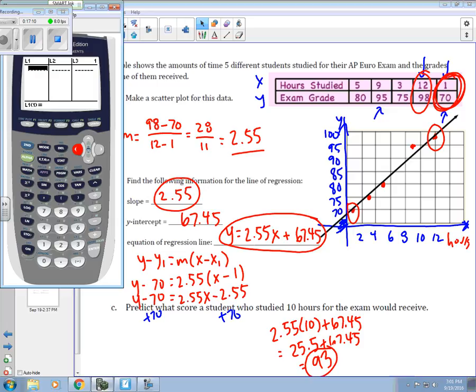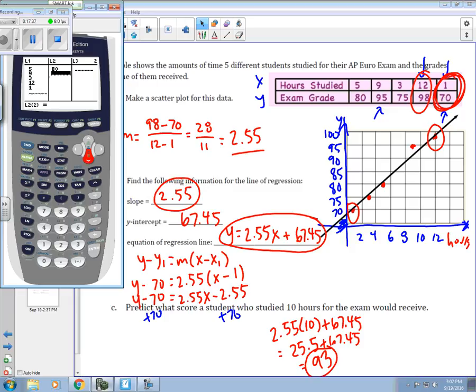So in the first list, we'd want to type in everything in that X coordinate: 5, 9, all the X values, 3, 12, and 1. In the second one, then we want to put all our corresponding Y values. So type in 80.